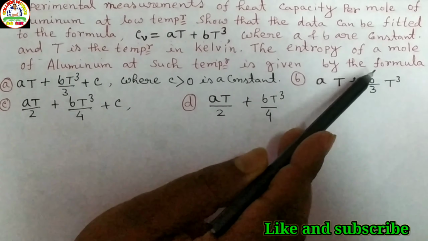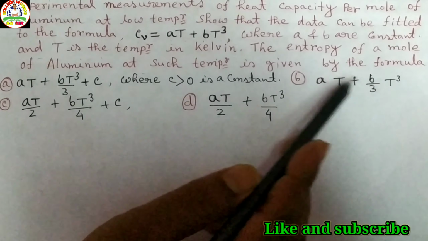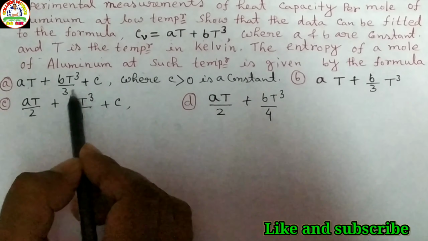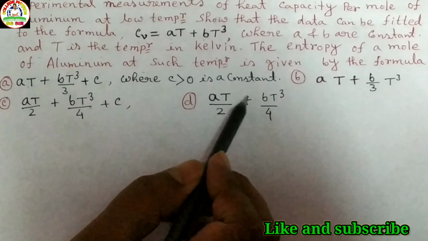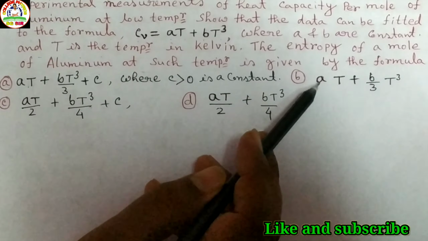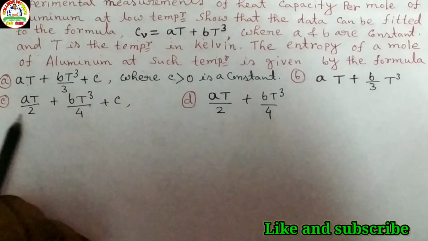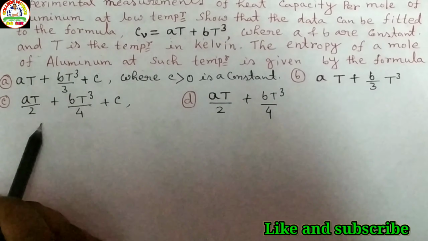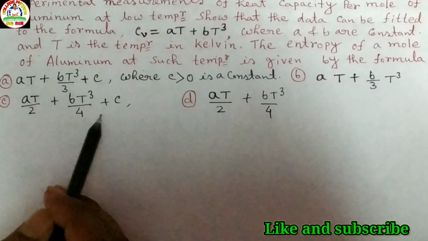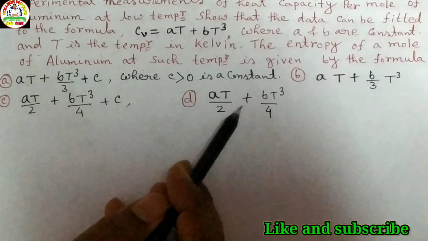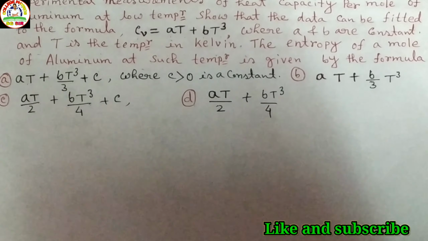The entropy of a mole of aluminium at such temperature is given by: option A, AT plus BT cube by 3 plus C, where C greater than 0 is a constant; option B, AT plus B by 3 into T cube; option C, AT by 2 plus BT cube by 4 plus C; option D, AT by 2 plus BT cube by 4. That we calculate.